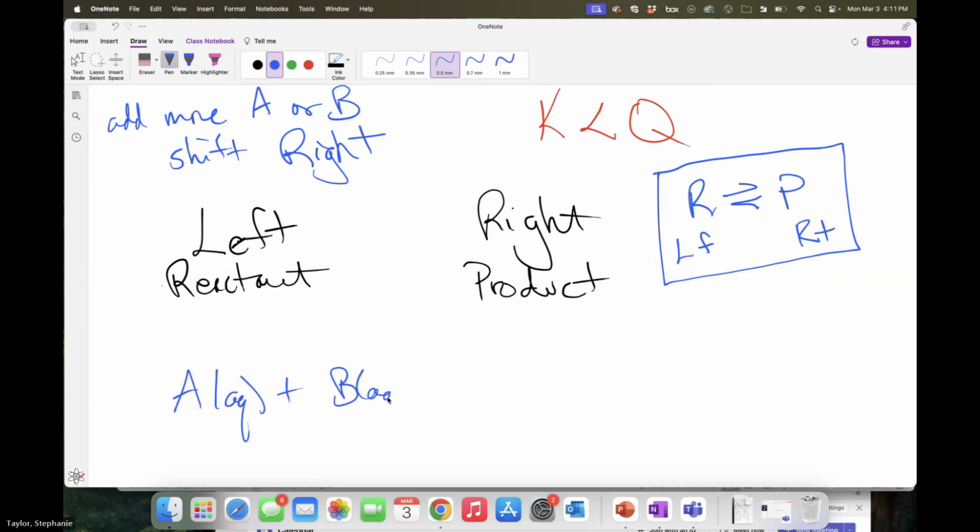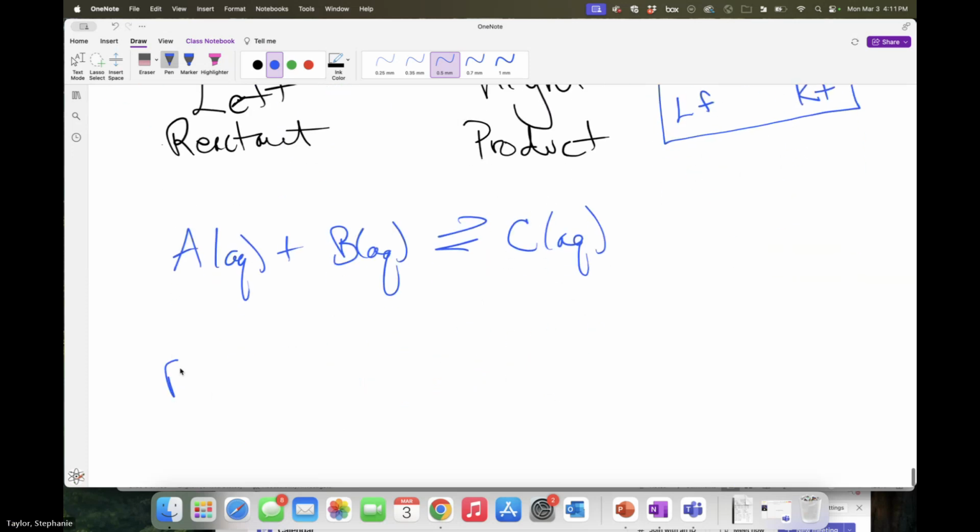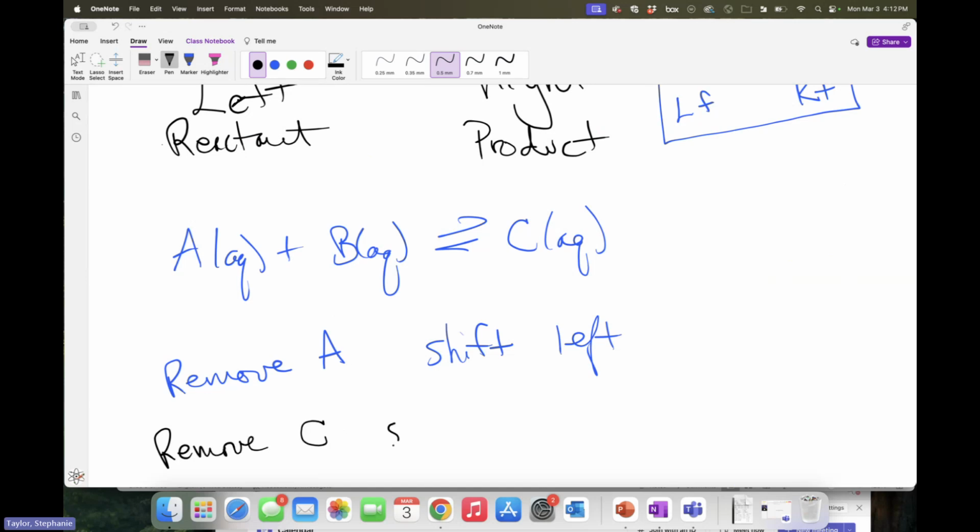I could remove A. If I removed some of the reactant, I would expect a shift left, essentially to replace it. If I lost some of my reactant, I would expect the equilibrium to shift back to replace what was lost. So if I removed C, I would expect a shift right to replace some of the product that was lost.